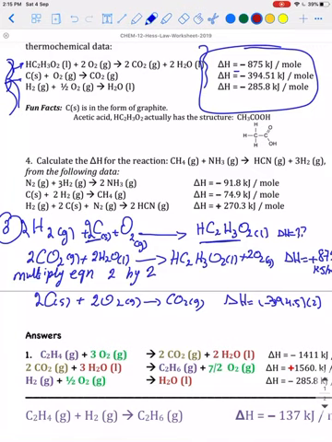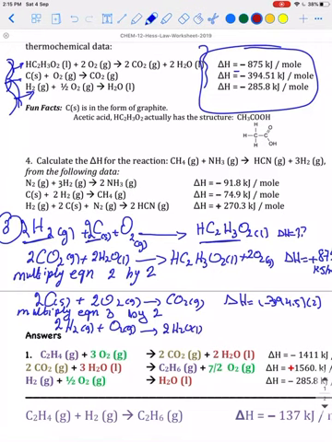Now we want the hydrogen on the reactant side with coefficient 2. So I will multiply equation 3 by 2. So it turns out to be 2 hydrogen gas plus 1 oxygen gas to give 2 H2O liquid, and its enthalpy as well should be multiplied by 2.